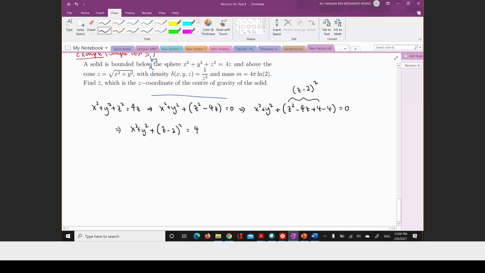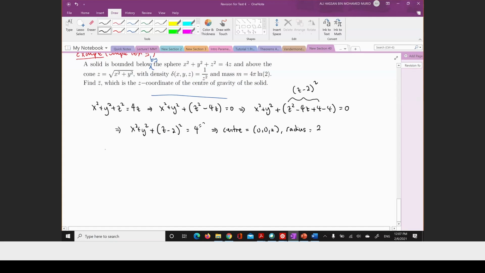So what is the center of the sphere? 0, 0, and 2. And what about the radius? 2. Yeah, because 4 here is 2 squared.